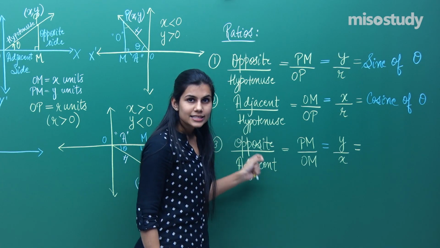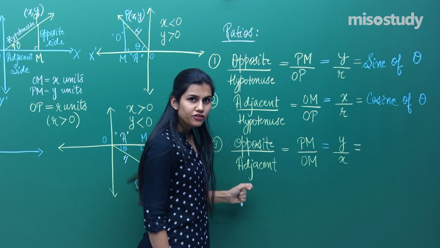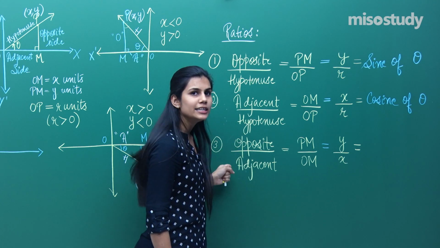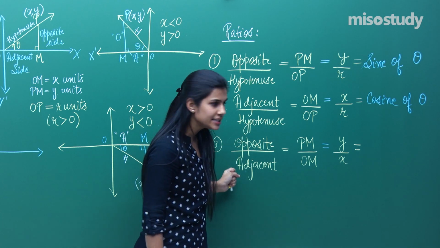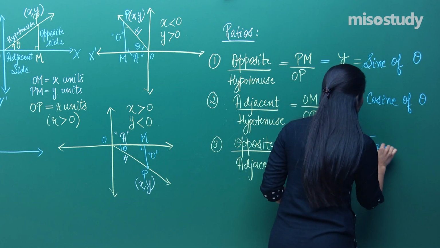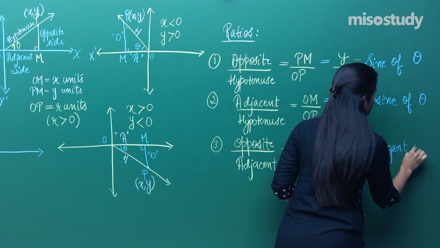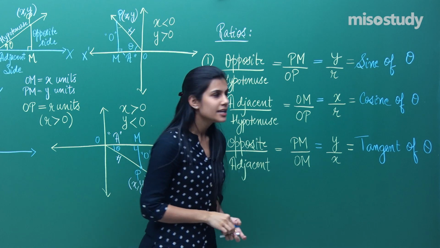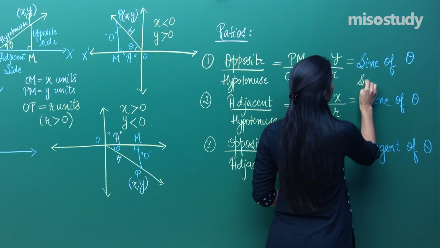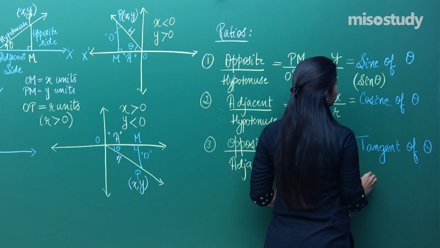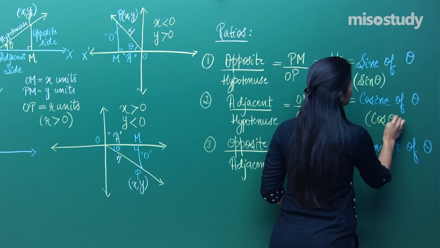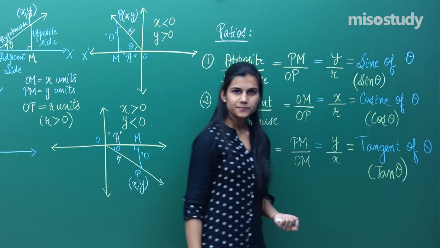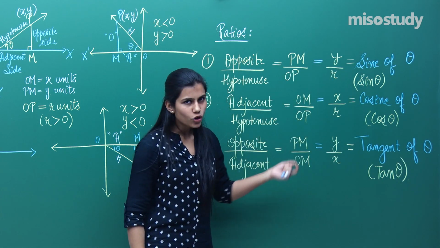And the ratio of the opposite side with respect to the angle theta with the adjacent side with respect to the angle theta is known as tangent of the angle theta. And this is also written as sine theta, cos theta and tan theta. This is what you basically call them.